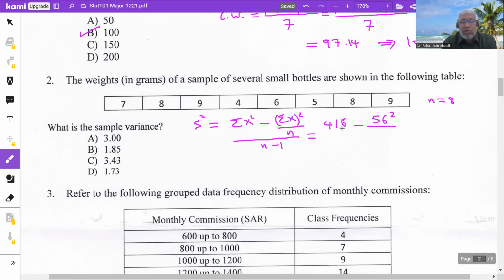And summation x squared is 416, over n, which is 8, all over n minus 1, which is 7. If you calculate the numerator, you will find that it is 24 over 7. The answer approximated by the calculator to 2 decimals is 3.43.